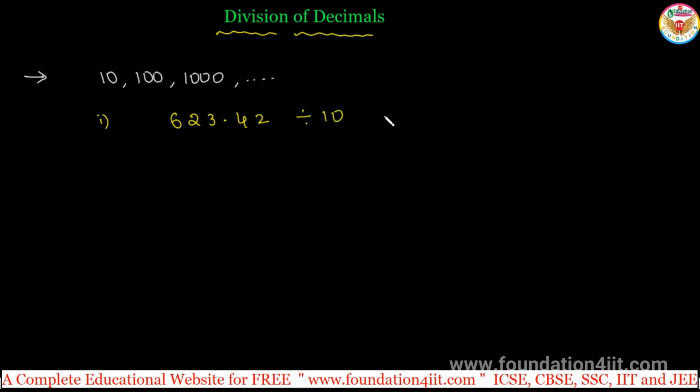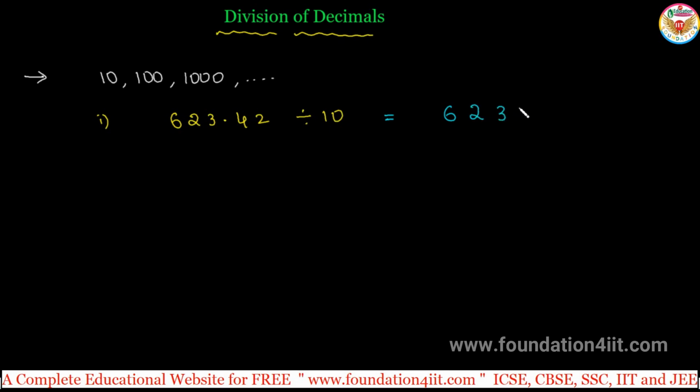To find this answer: in multiplication, the point shifts to the right. When you are doing division, that means the decimal point shifts one place to the left, because there is one 0. As many zeros, that many places to the left side you have to shift. That means the answer is 62.342. So the decimal place shifted to the left side.